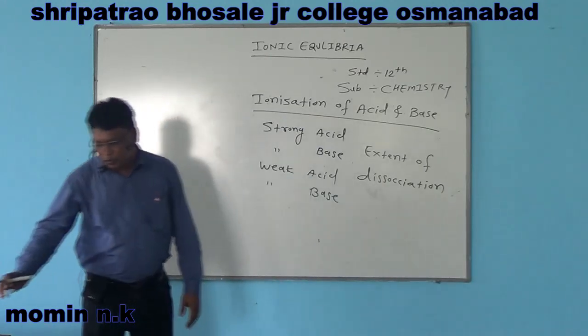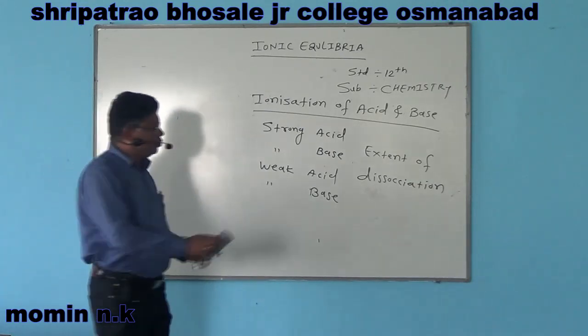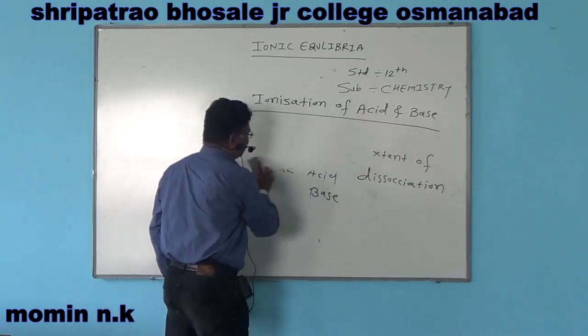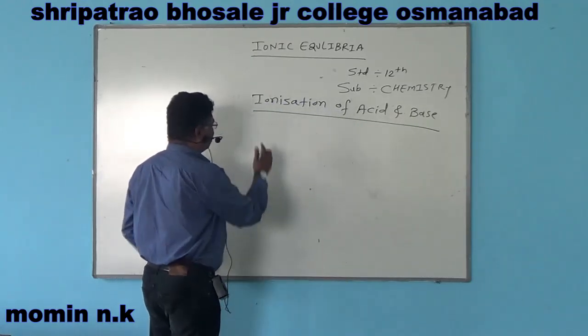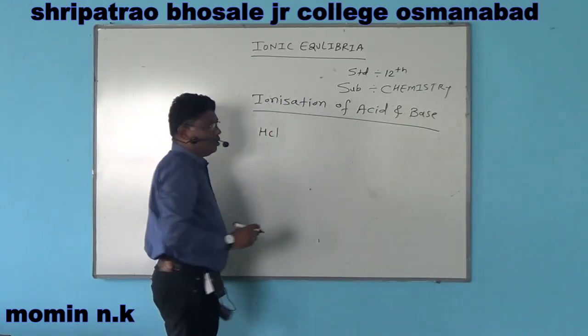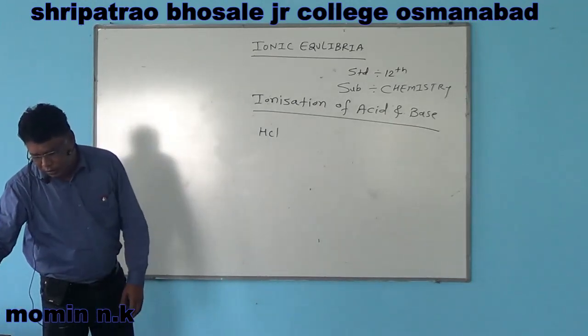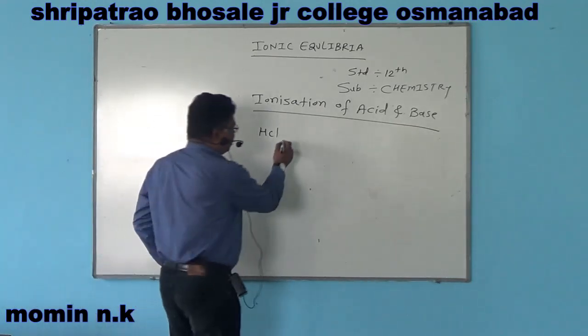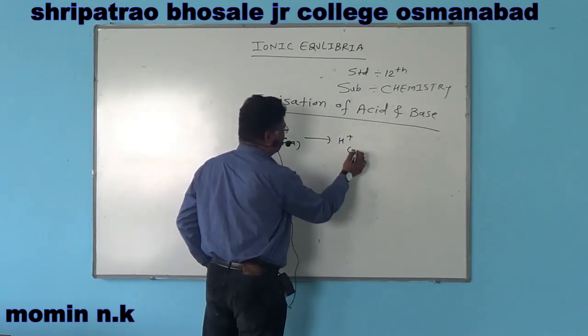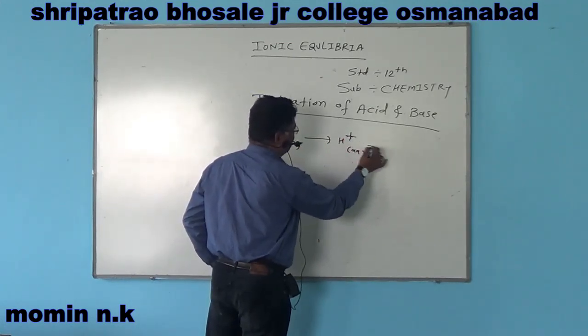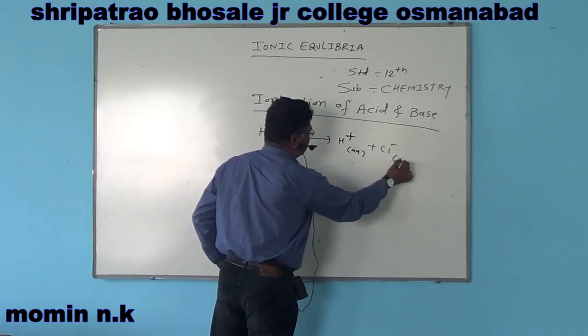Here we want to write HCl, hydrogen chloride, hydrochloric acid. HCl aqueous gives H plus aqueous plus Cl minus aqueous.